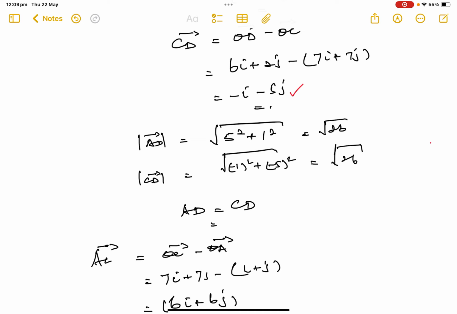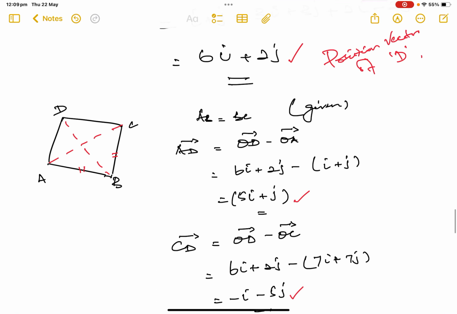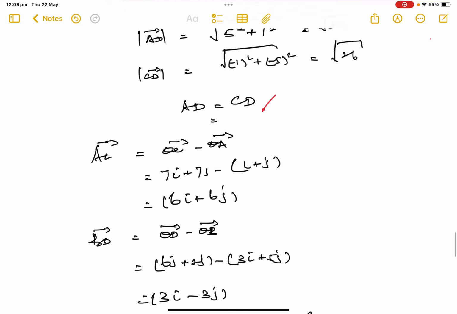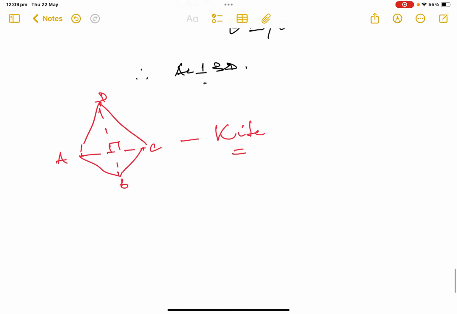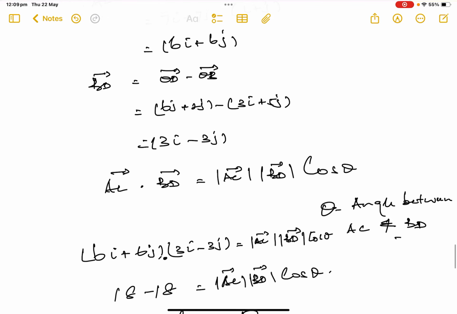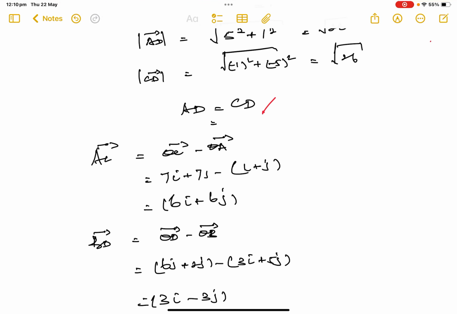That means AD equals CD. So two adjacent sides are equal.